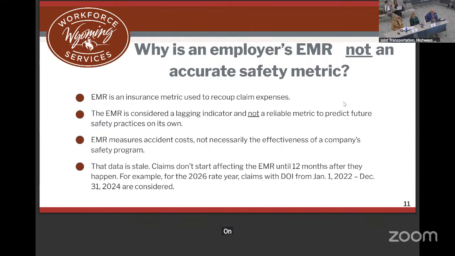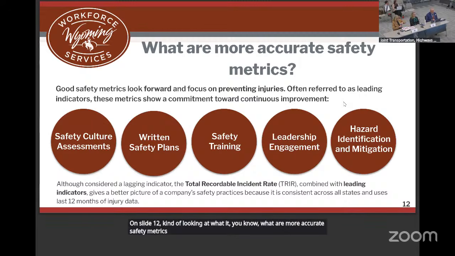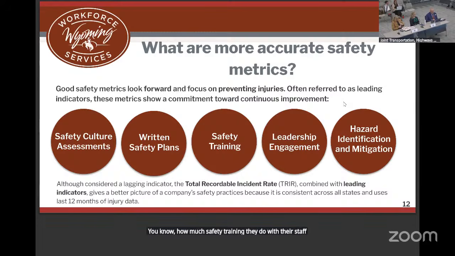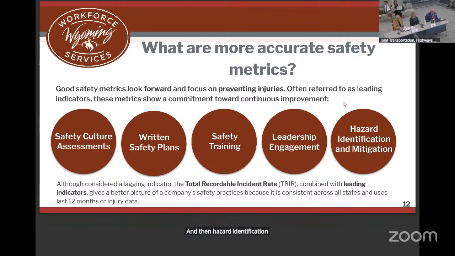On slide 12, looking at what are more accurate safety metrics that we wish people would look at when evaluating company safety: safety culture assessments, written safety plans, their safety training practices, how much safety training they do with their staff, leadership engagement, and then hazard identification and mitigation.